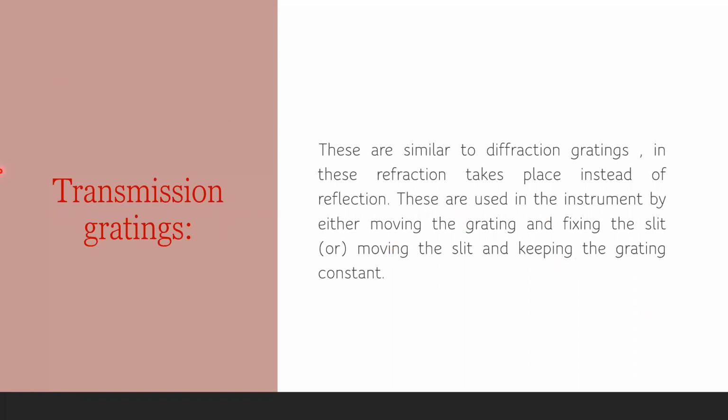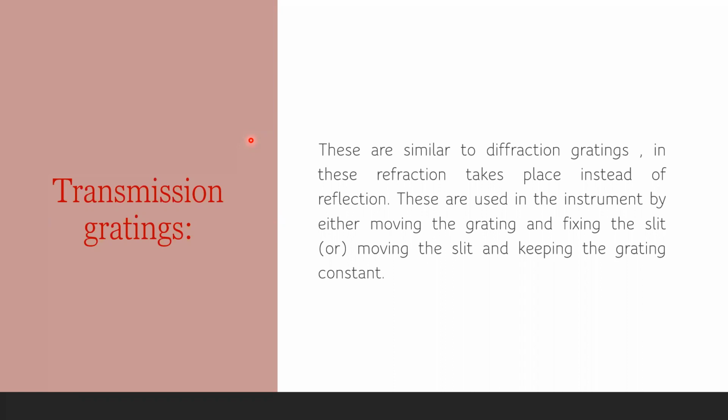Here the only variation between the two is that in diffraction grating monochromators, the radiation gets reflected and that reflected radiation can be detected. Here, instead of reflection, refraction will take place. This is the only difference between diffraction gratings and transmission gratings.